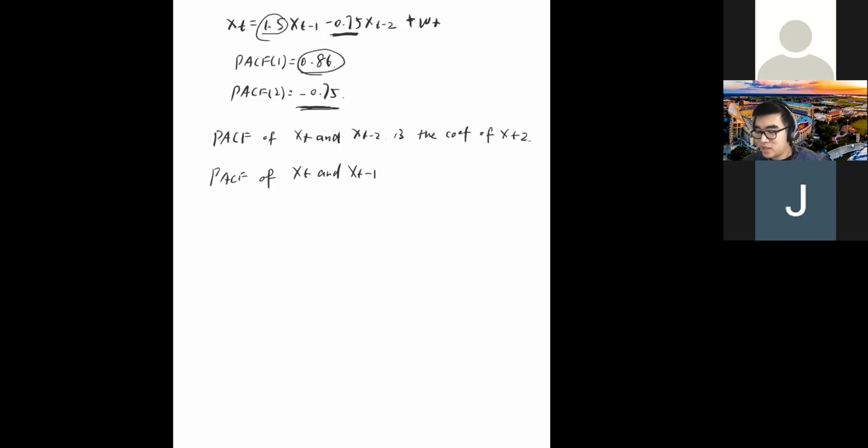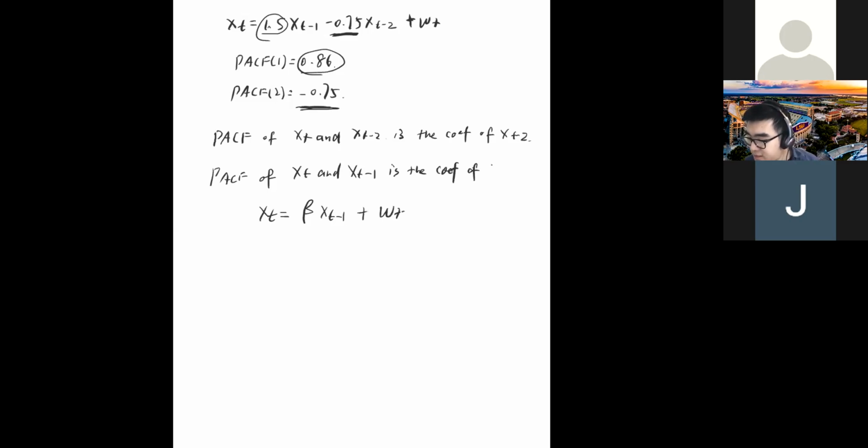The reason is that the PACF is the partial autocorrelation function. It's a conditional correlation. So the PACF1 of xt and xt minus 1, if you want to express it in the regression, is the coefficient of xt minus 1 in the regression xt equal to beta xt minus 1 plus wt.